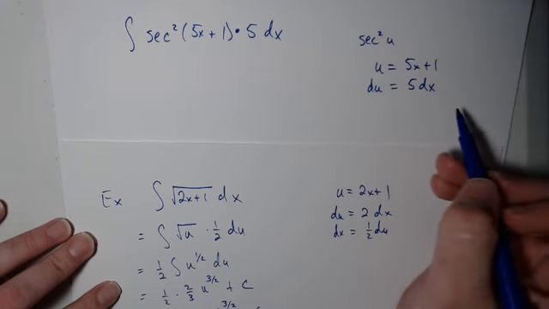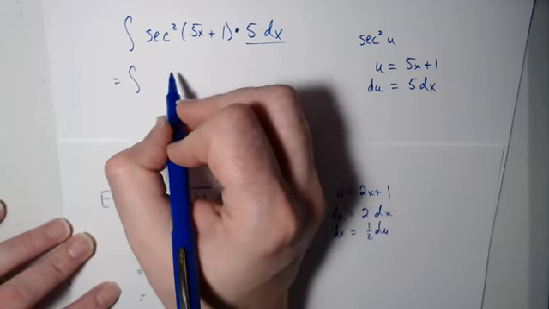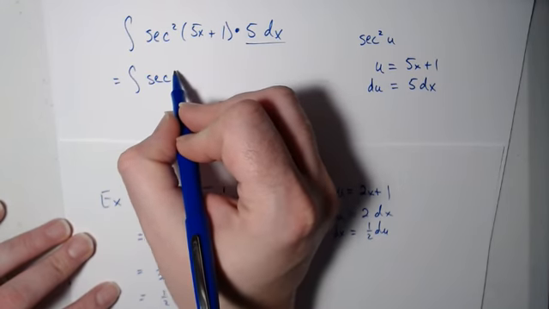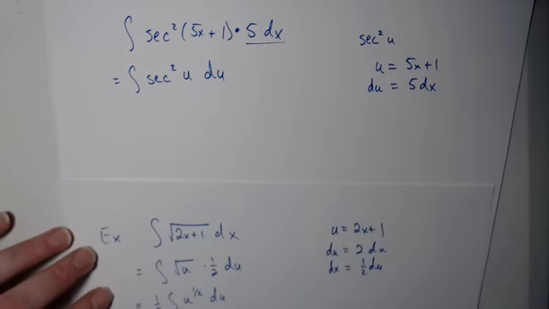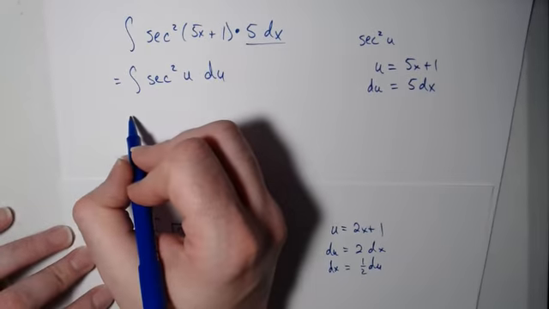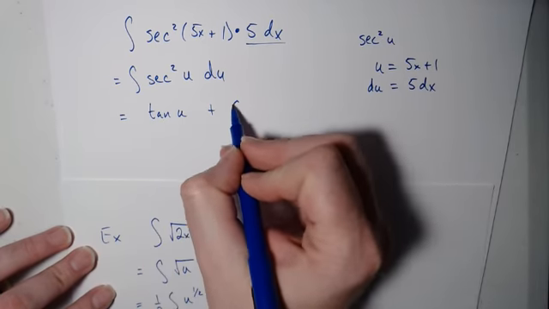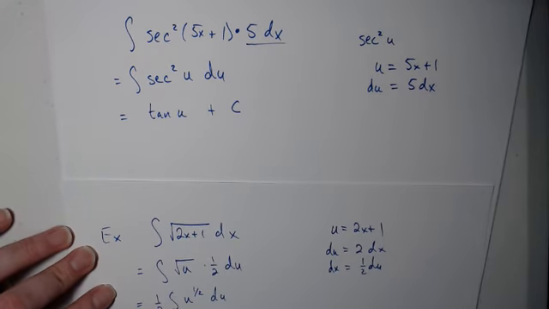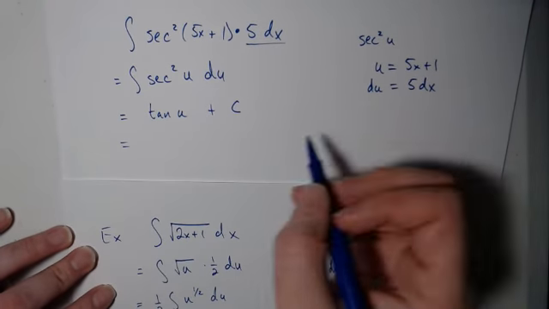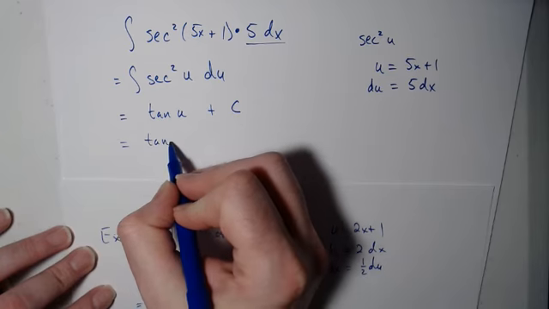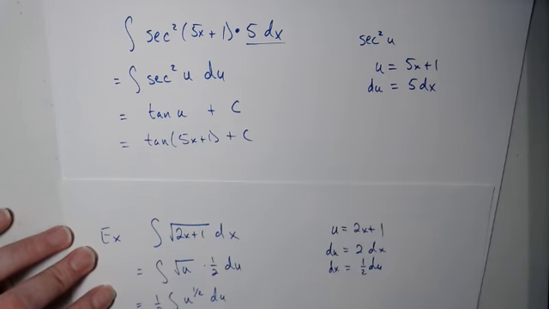And nicely enough, we even already have that, don't we? So then this is the antiderivative of secant squared u du. And the antiderivative of secant squared is tangent u, and then we need our constant. And so then we back substitute. We plug back in the 5x plus 1. So this is tangent of 5x plus 1 plus c.